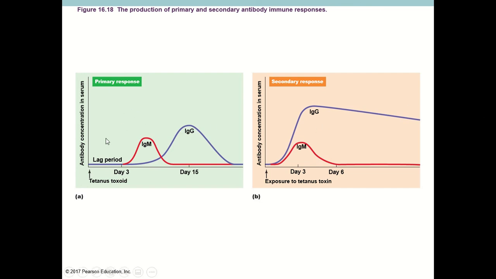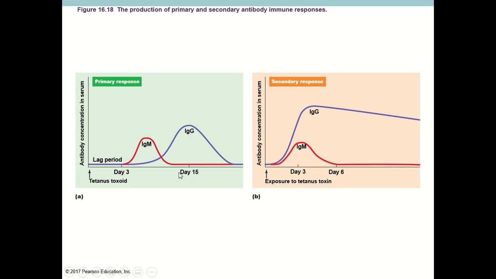Say for example somebody is infected for the first time. They show a primary immune response, which takes, in this case, 15 days for IgG, or immunoglobulin G, to be made.